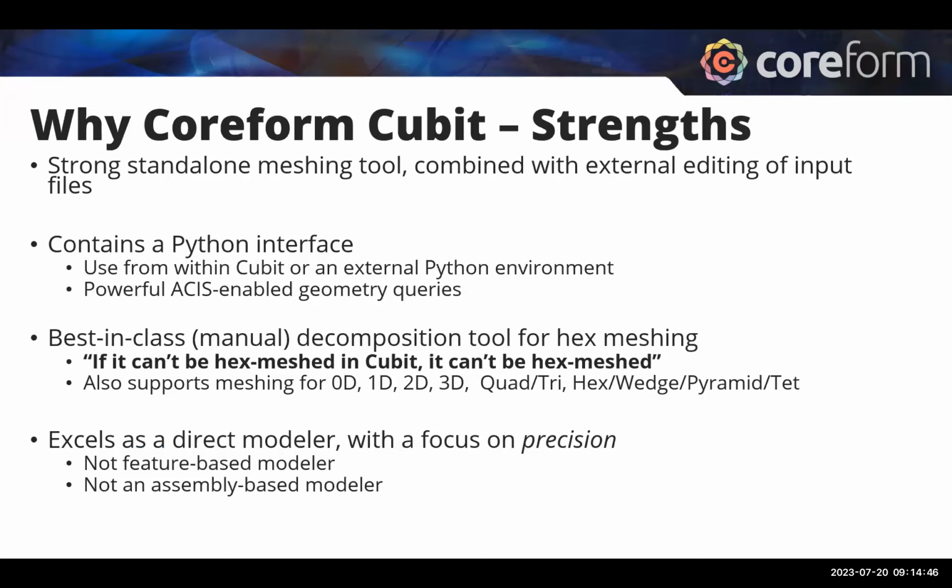So now, just a few strengths of Cubit. Cubit really is a standalone meshing tool that works great when you're combining it with external editing of input files. Many of us start our lives in FEA using a GUI tool and doing everything inside a GUI. But as we've gotten further along in our careers, we find that sometimes the GUI tools slow us down. We have a large repository of previous problems that we've run, and I want to do maybe a simple modification on one of those problems.